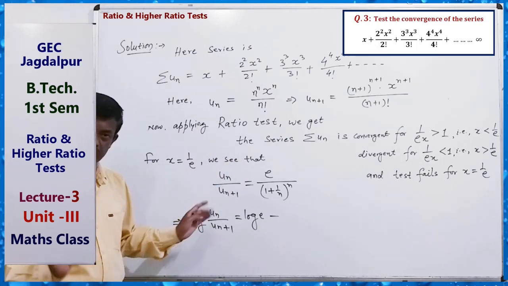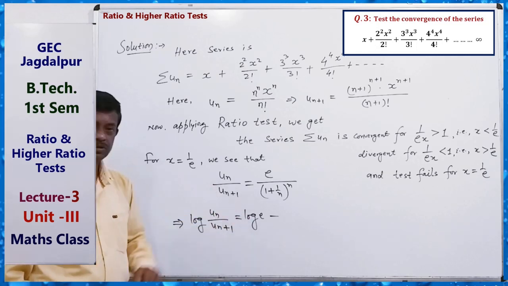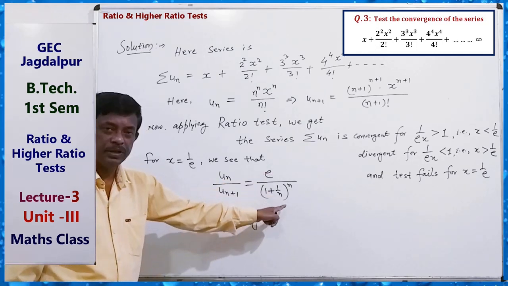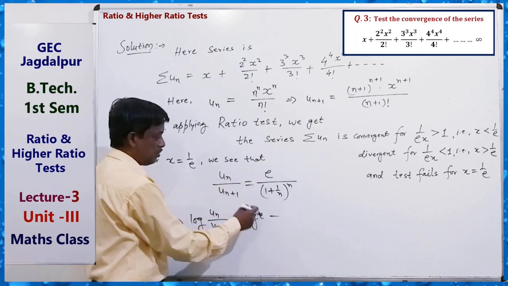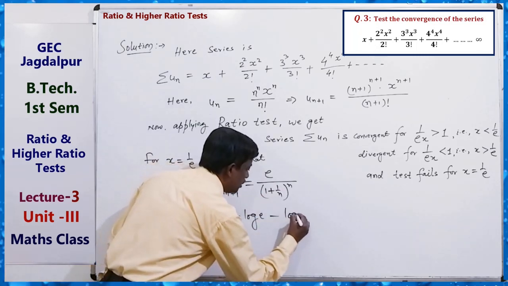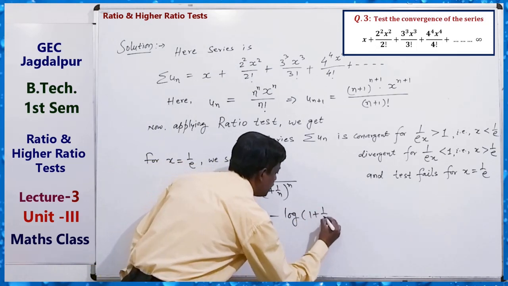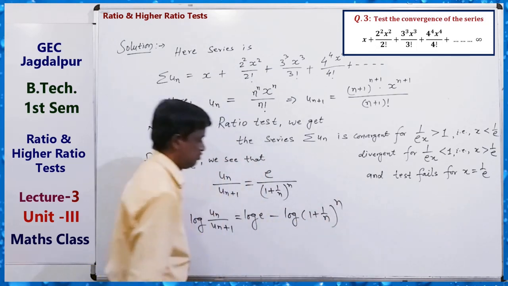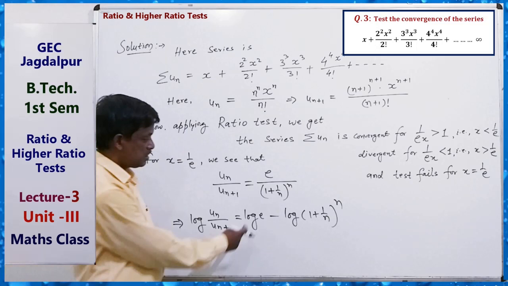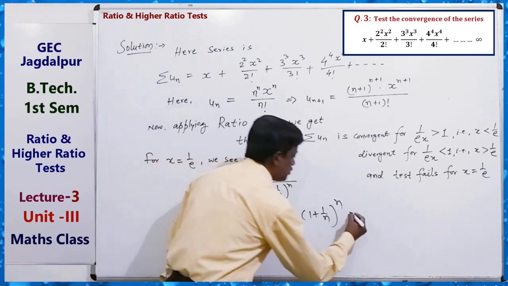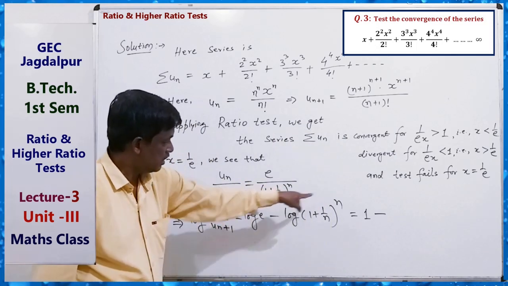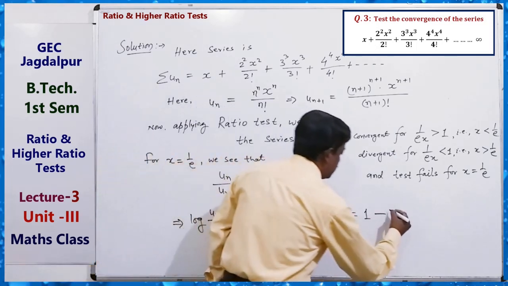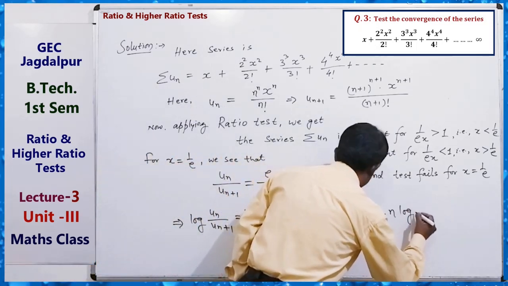Taking logarithmic on both sides, log of a by b means log a minus log b. So log e minus log of 1 plus 1 by n to the power n. Log e means 1, so this is equals to 1 minus, and here n will come in front side.